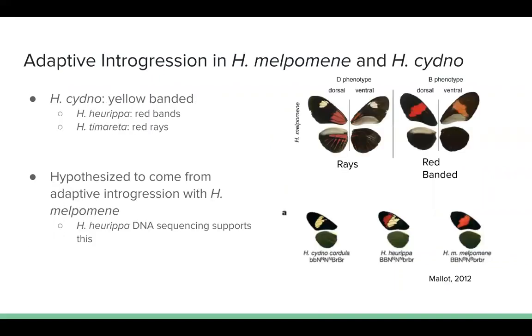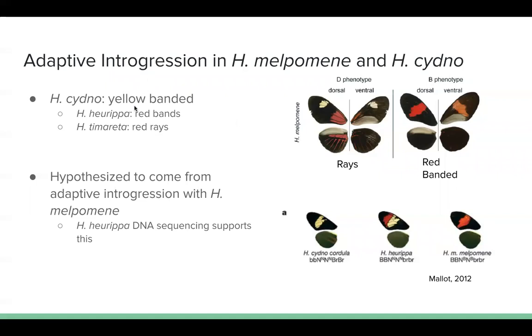And so Heliconius melpomene has almost 30 different color patterns depending on its geographic location, but they generally fall into two phenotypes: red bands seen here and rays seen here. And then Heliconius cydno is characterized by the phenotype of a yellow band.